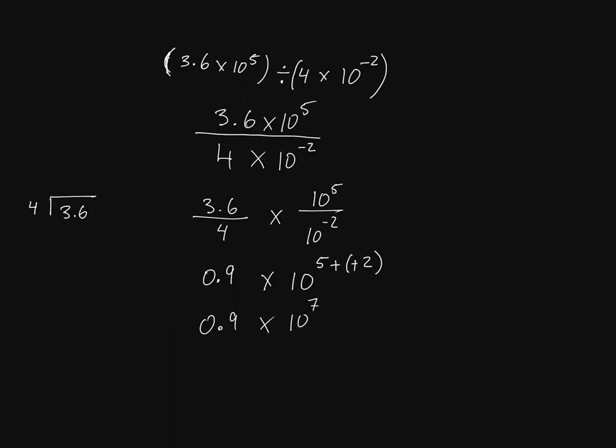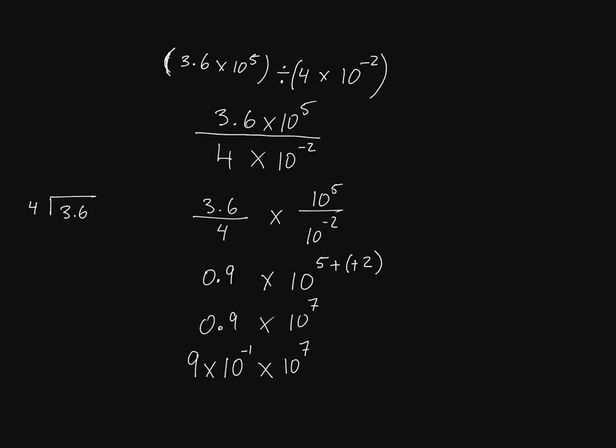Now, one of the issues that we have here is that that number is not in scientific notation because 0.9 is not larger than 1 or equal to 1. So what we're going to do in this case, we're going to change that into scientific notation. So let's change only 0.9 to scientific notation, and we get 9 times 10 to the negative first power times 10 to the 7th power.